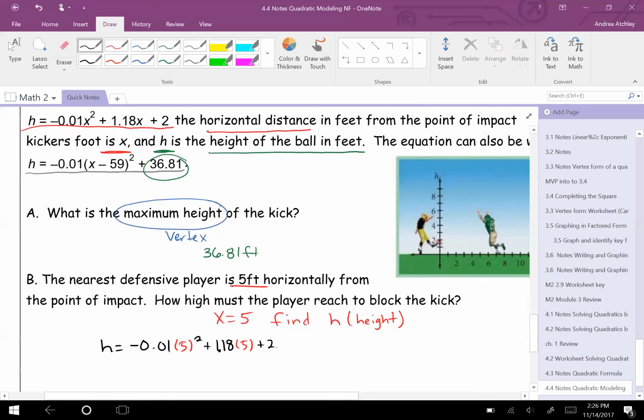Okay, order of operations. You square the 5 first. So that's times 25. Then you need to multiply that together. And that gives me plus 5.9 plus 2.